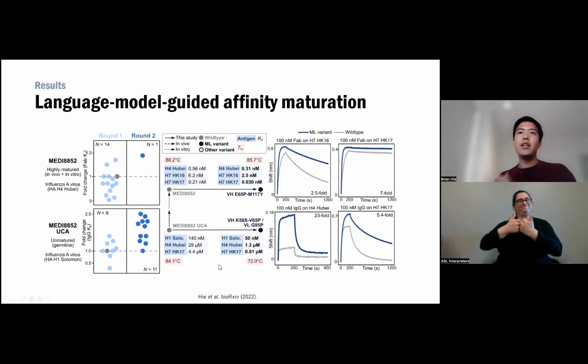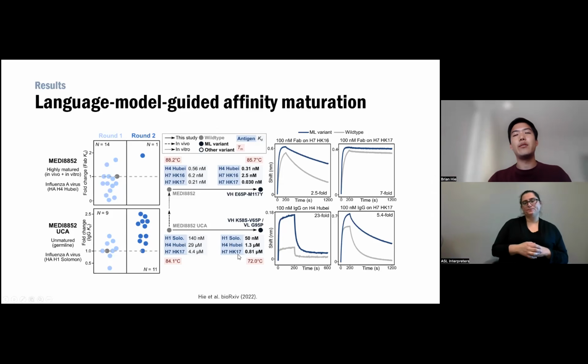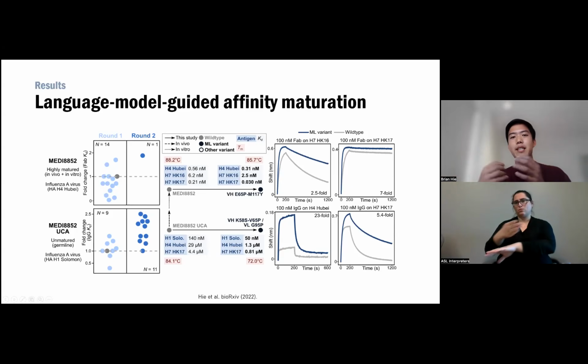What's also interesting is that even though we're screening against group 1 influenza hemagglutinin, this antibody also appears to be acquiring some breadth of binding to group 2 antigens like H4 and H7, as much as a 5.4-fold improvement in affinity for H7 and a 23-fold improvement in affinity for H4. And so this is very promising.